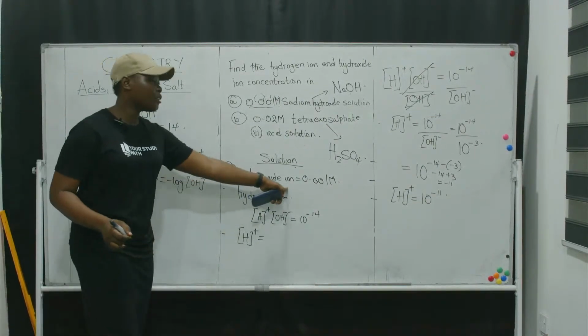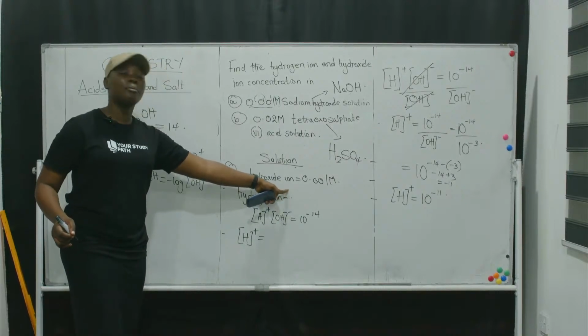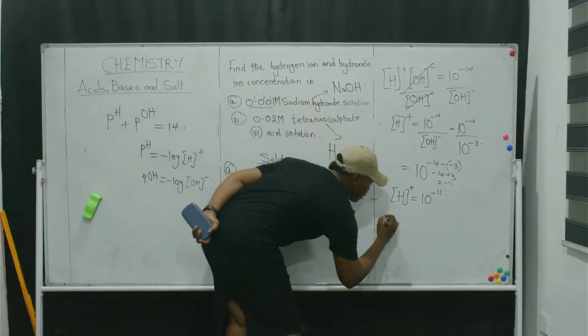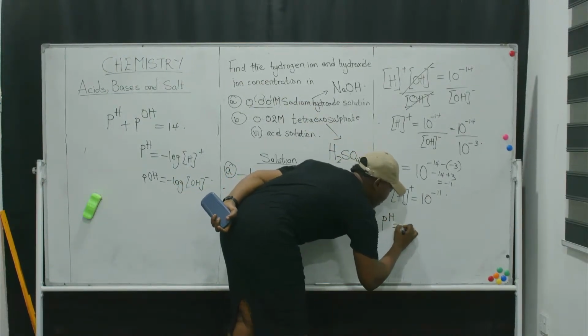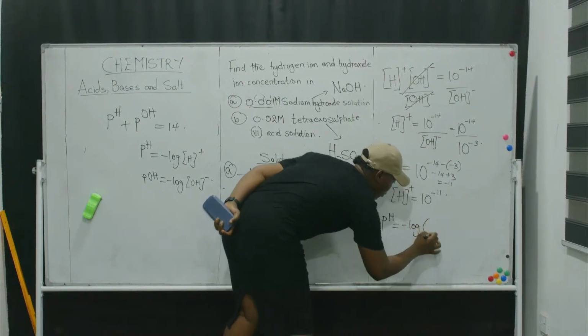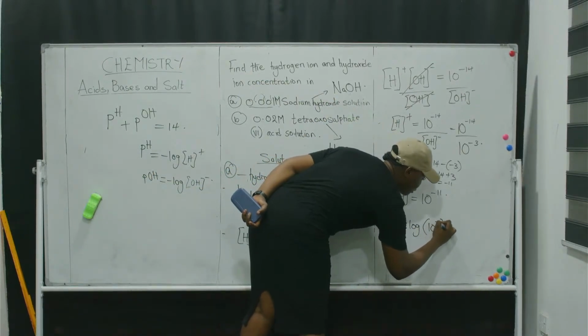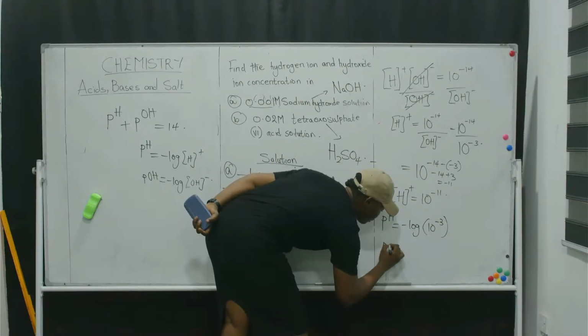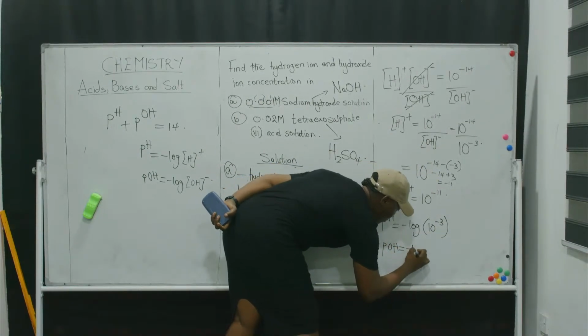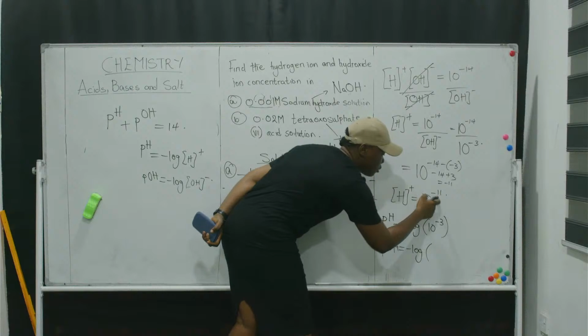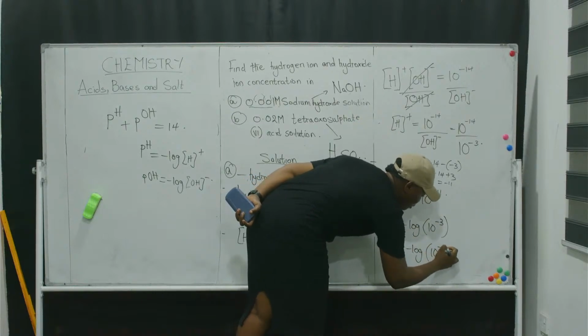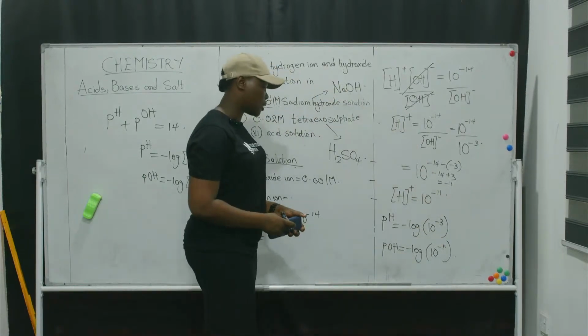And so from our value here, we can determine the pH. So let's determine the pH. That will be minus log of this value, and that is 10 raised to power minus 3. pOH will be minus log 10 raised to power minus 11. So let's calculate that.